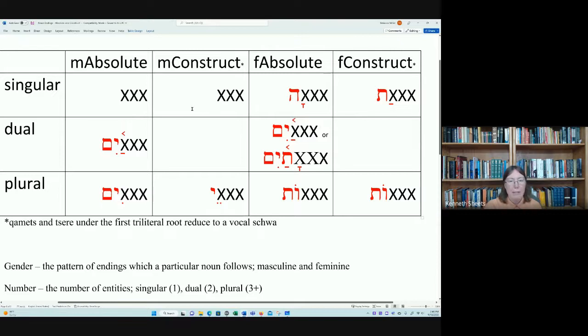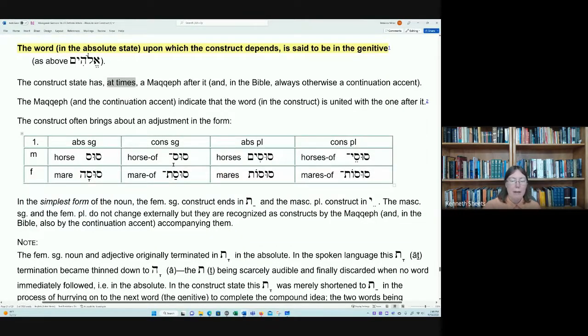You can see that masculine singular construct. Now in this instance, because of the fact that we do have that nice strong vowel there, the shureq, or in some also the holem waw would be another example, this particular vowel is not going to reduce here. But there are other instances where the vowel does reduce. So sus in the absolute, horse.